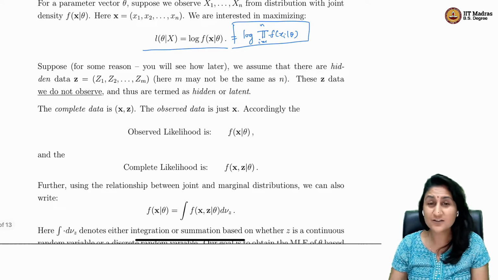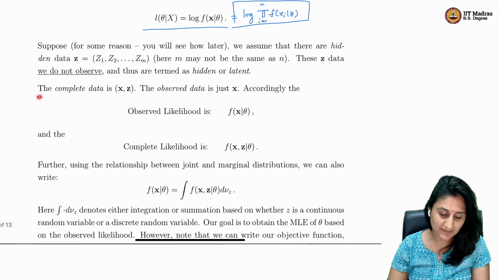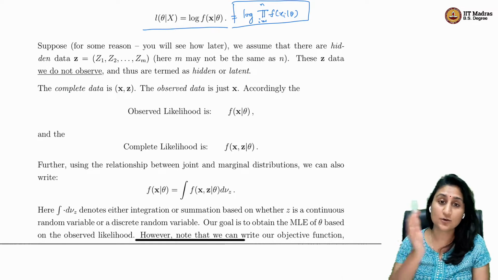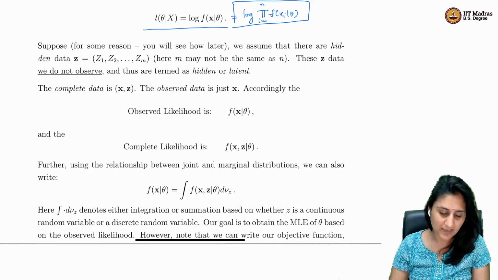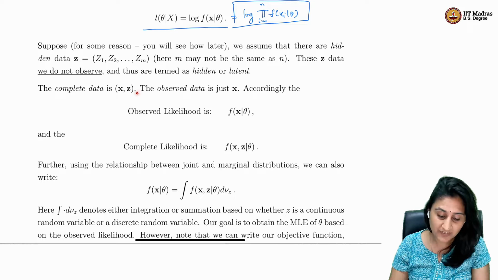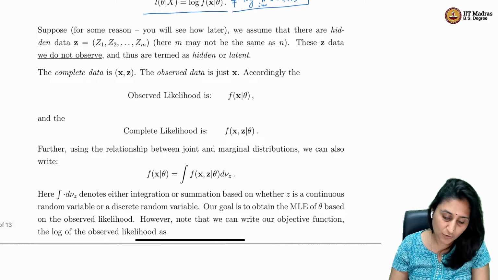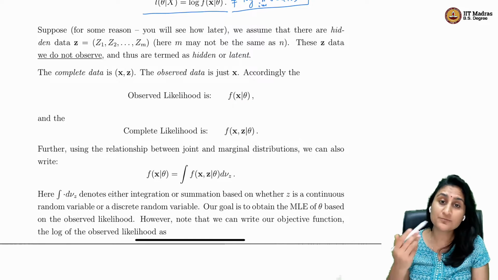Now, what is a good example we'll actually see in the next video, but the complete data, of the observed data and the hidden data, is bold x and bold z together. The observed data is just bold x. So accordingly, the observed likelihood is f of x given theta, because we observe x.